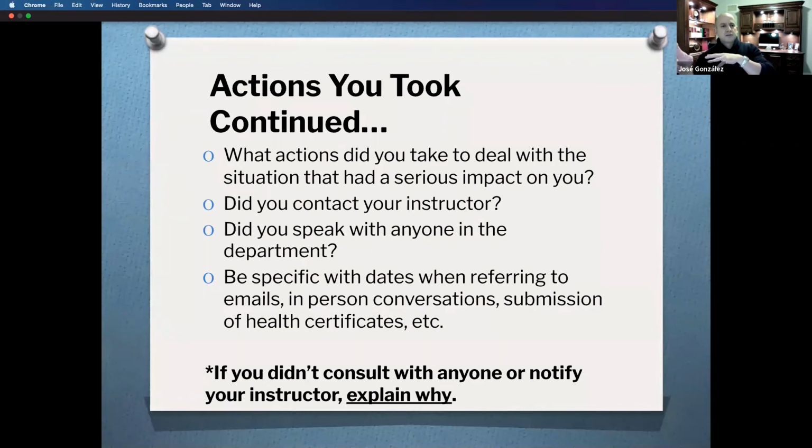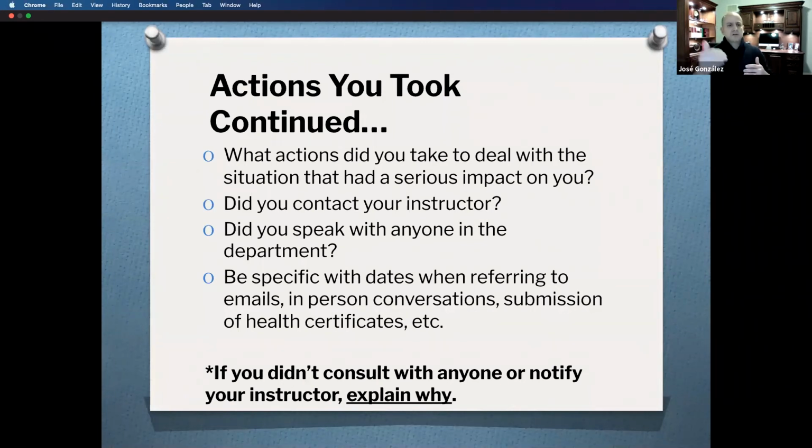If it was something about health, and let's say I had a panic attack on the exam and was not able to continue writing, of course it makes sense that I need to notify the professor right away. Otherwise they will say, why did you never let me know? Or if I was hospitalized, the same thing. Why didn't you let us know? We never heard from you. So everything should be connected.